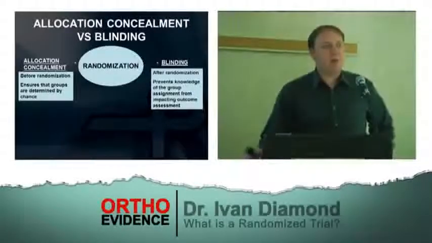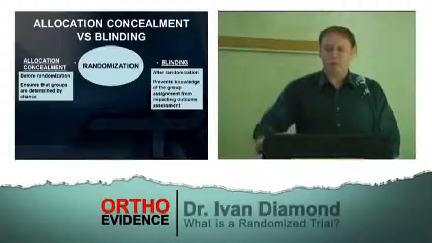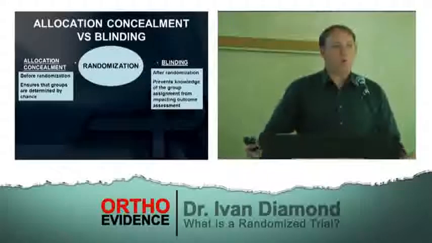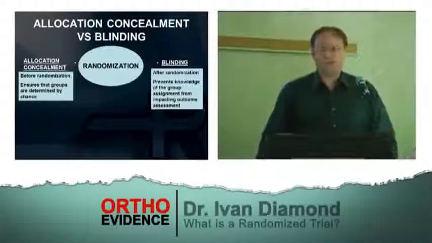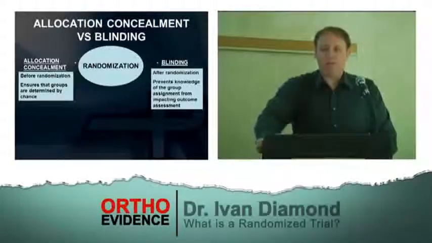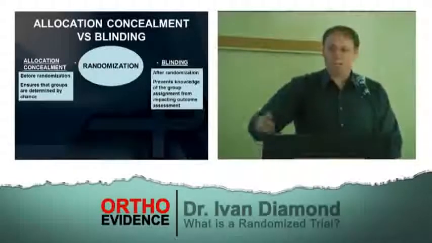Blinding occurs after randomization. So it's after the patient enrolls in the trial. It's keeping the group assignment either from the patient or the investigators or the people assessing the outcome. And what blinding does is prevent knowledge of group assignment from impacting the outcome assessment in the study.